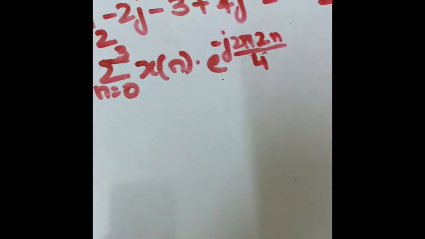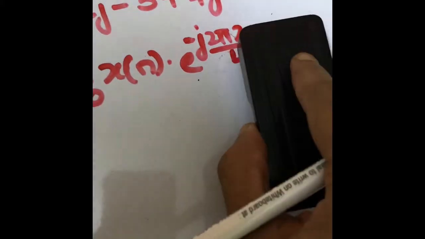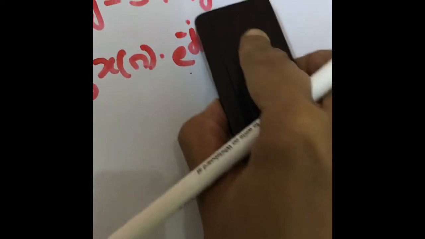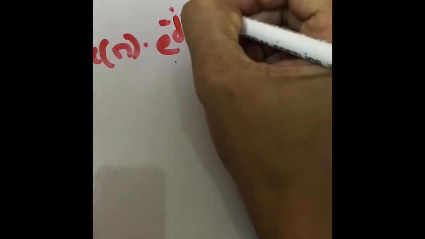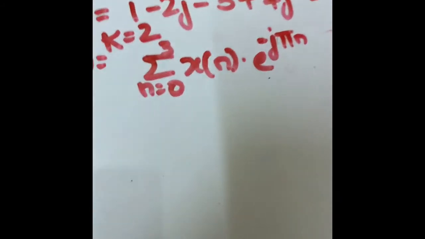So basically it will become e raised to minus j pi n.